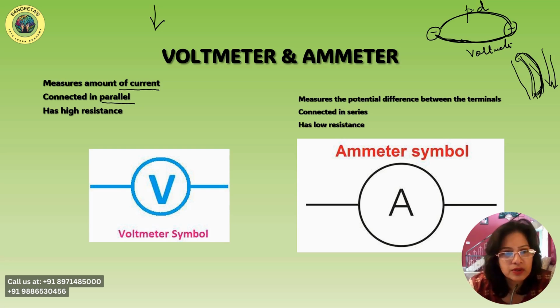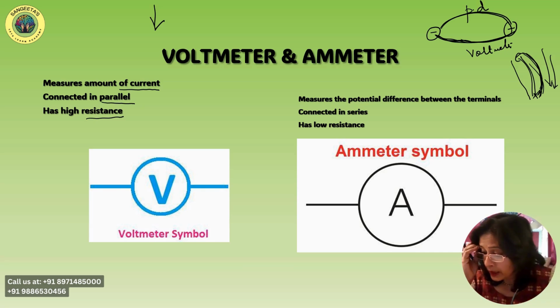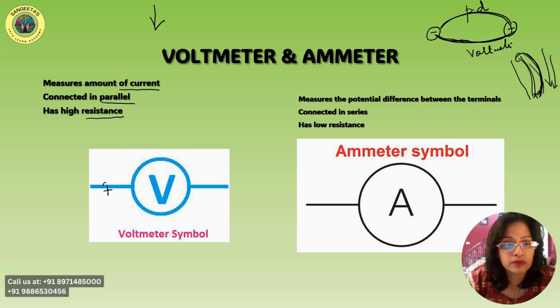When we know the circuit, you'll get to know this, and it's got a high resistance. The symbol of the voltmeter is a capital V in a circle, and there is a positive and a negative.